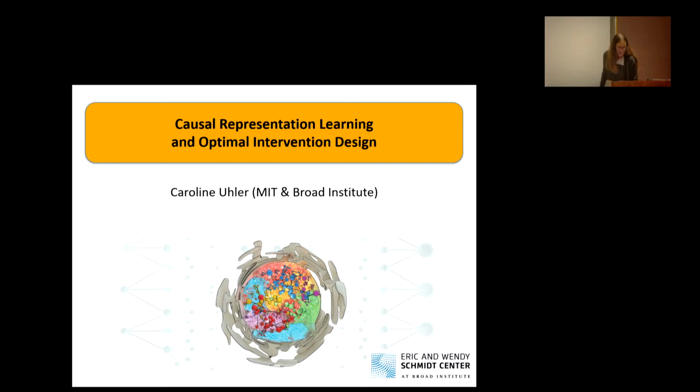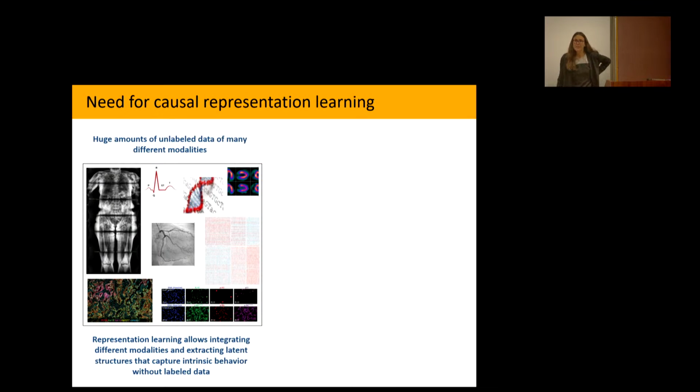Okay, so let's get started with why representation learning and why causality, and in particular why that is critical for biological questions. So in the biomedical field, we have many different data modalities, and we have data sets where you can image different proteins, where you can image different cells, where you can get sequencing information.